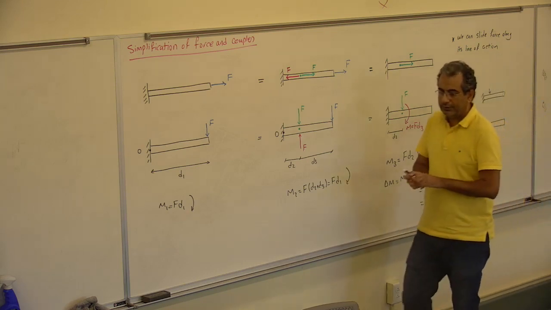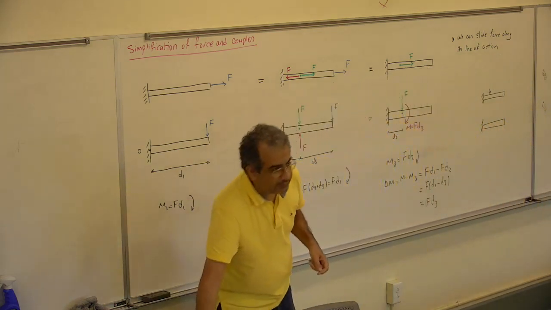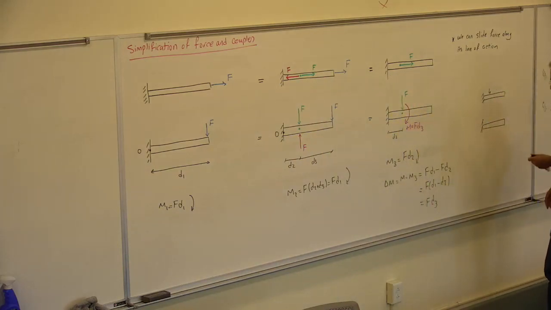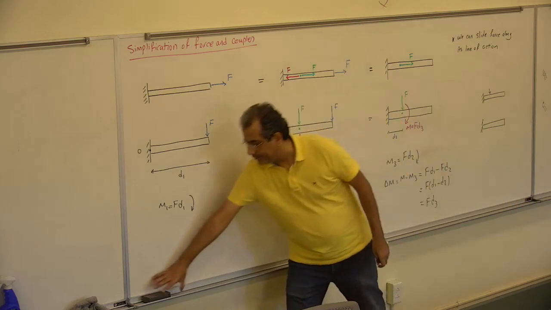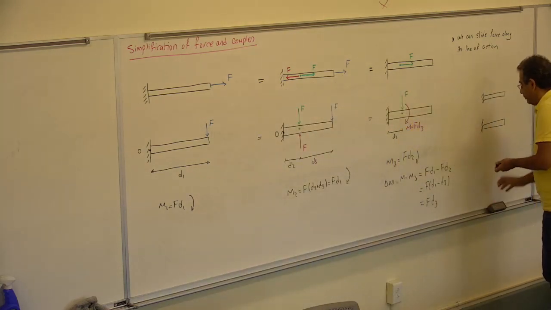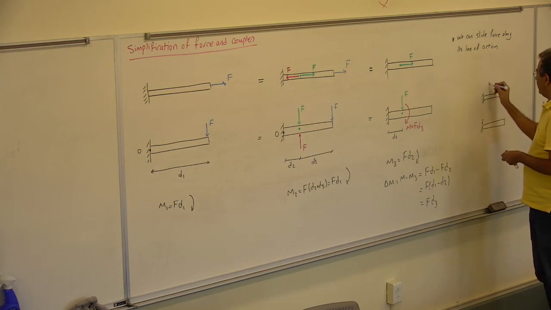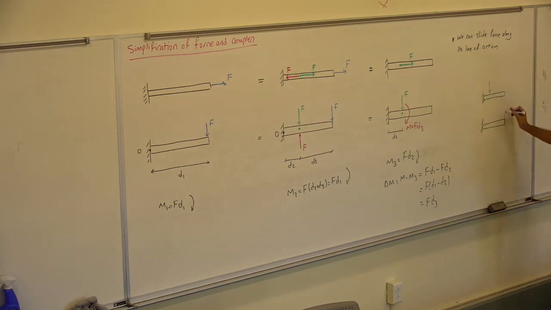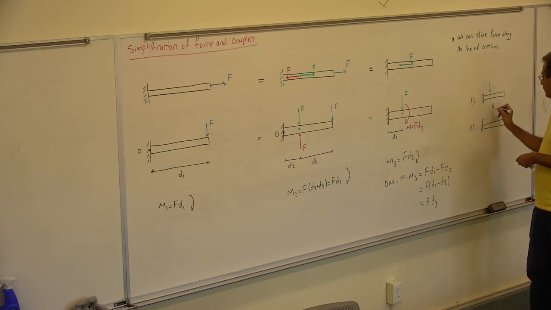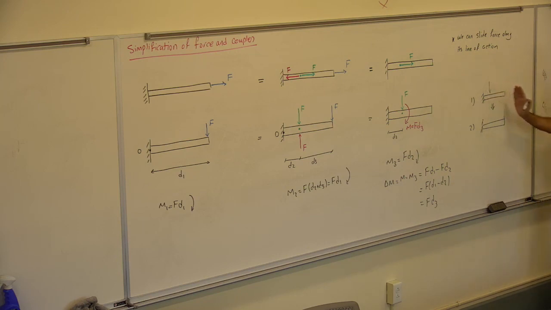This is 1, this is 2. So I want to go from here to there. If I move it from here to here, what happens? I actually increase the moment.